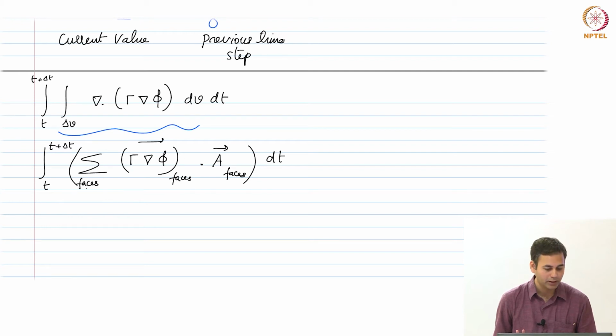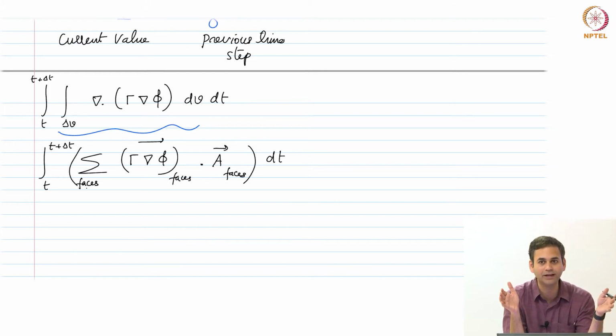No questions, okay. Now, of course, this grad phi we will assume is again a linear profile assumption between cell centroids. Now we have to do something similar here. Essentially, we have to carry out this integration. We have this term in the parenthesis that has to be integrated over the time step of delta t.